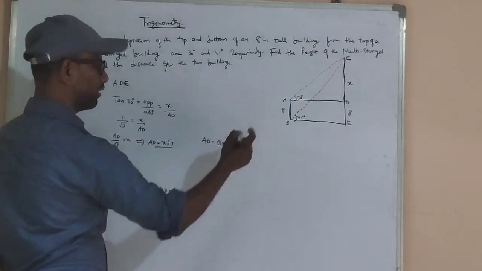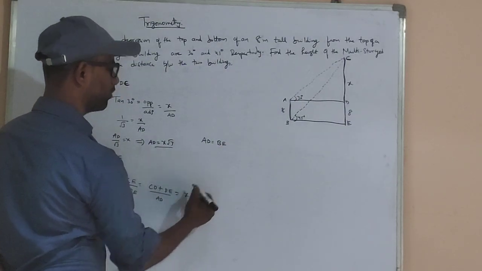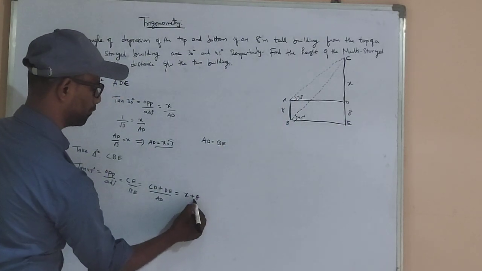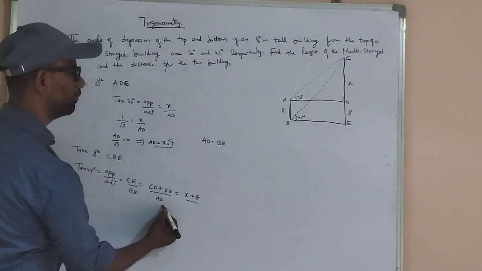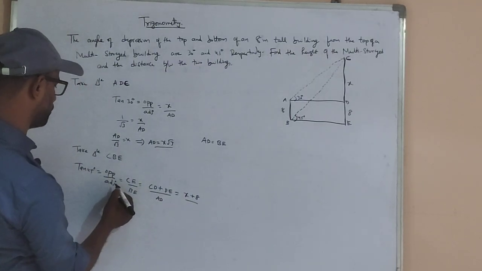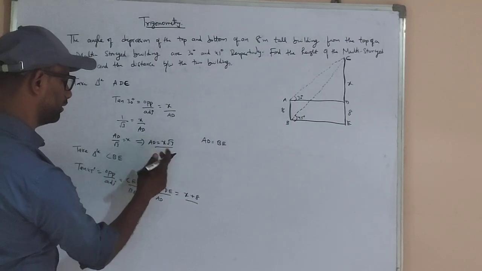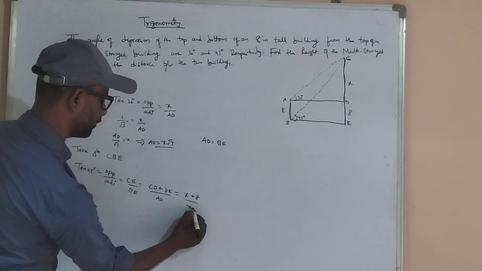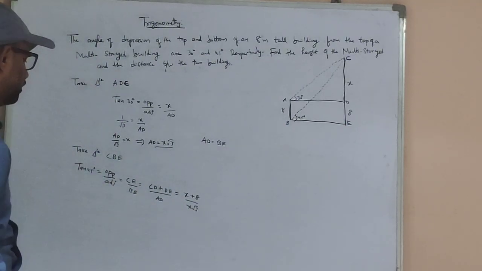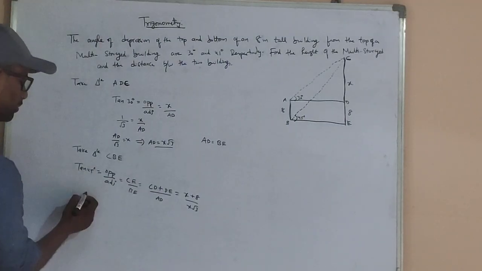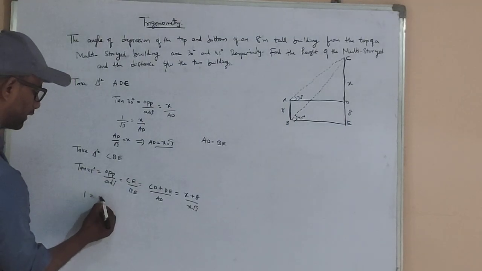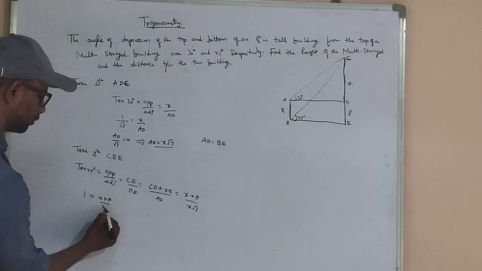So the value of CD is x plus the value of DE is 8, by AD. AD means BE, and AD is x root 3. Tan 45 means 1. So 1 is equal to x plus 8 by x root 3.